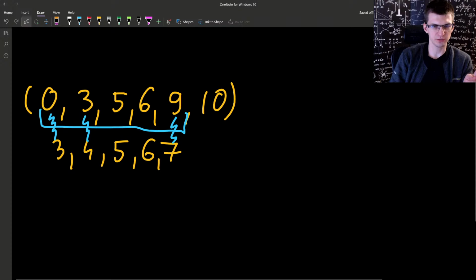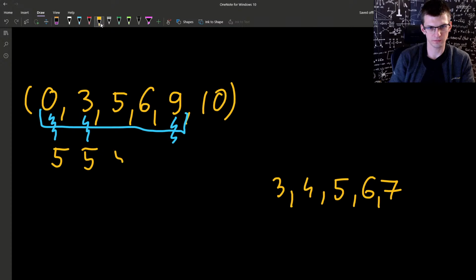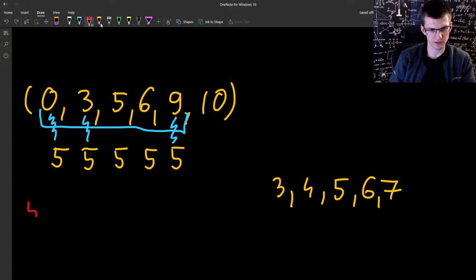Let's for a moment assume that instead of moving to this, we actually move all of them exactly to position 5. Then I need to know the number of moves to get it like that. 5 minus 0 plus 5 minus 3, so this, plus that, plus that.